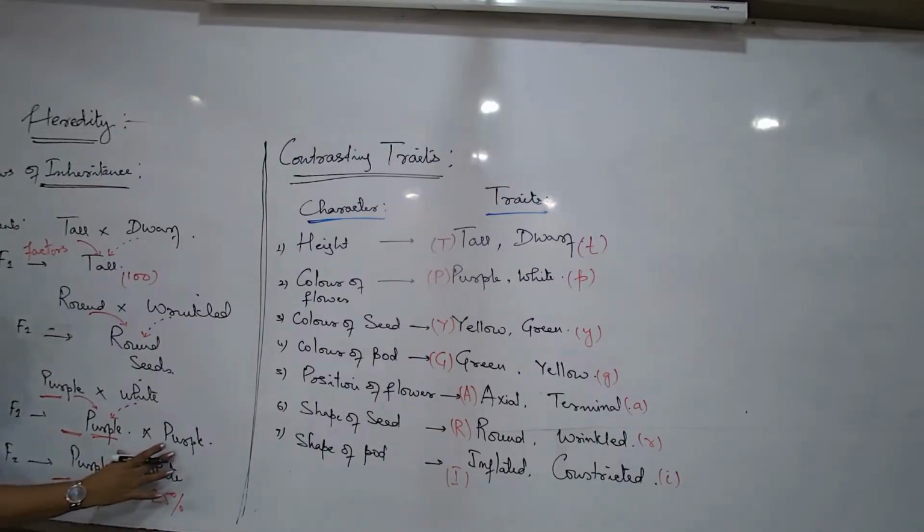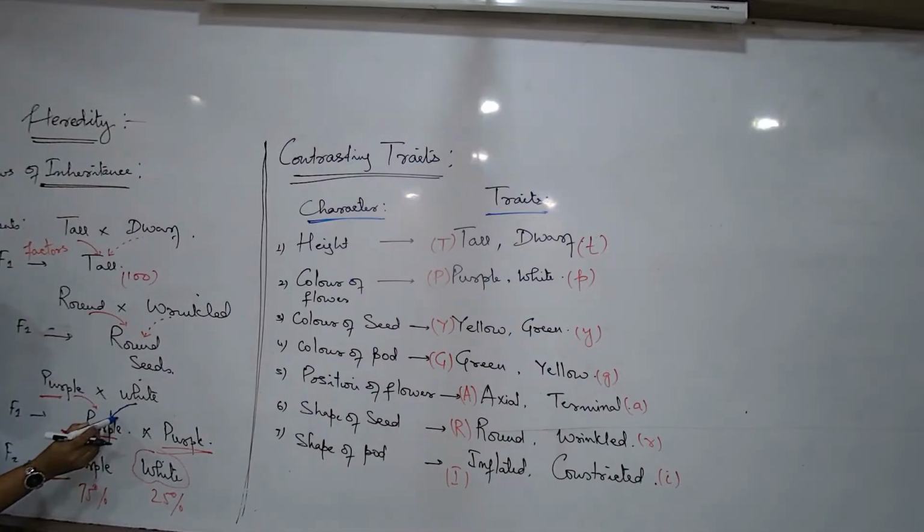So he crossed two first generation plants, and now in the next generation he gets to see that white plants have come. How is it possible? Definitely this whiteness must have been inherited. For some reason it did not get expressed here and again gets expressed in this generation. So this was his basic core experiment.